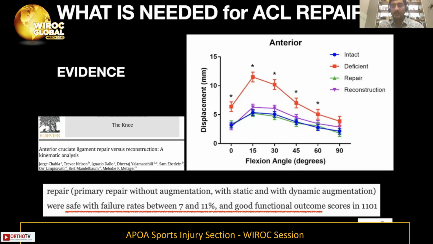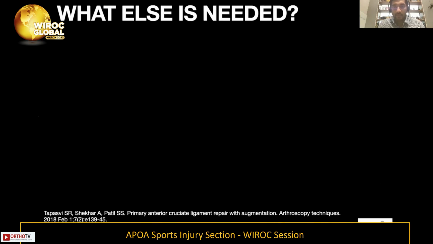But it is no lesser in terms of functional outcome scores, and the knee can get back to the same stability that it had before the ACL was injured as well. So one, you need evidence to offer a patient an ACL repair. That's convincing yourself. What else is needed?